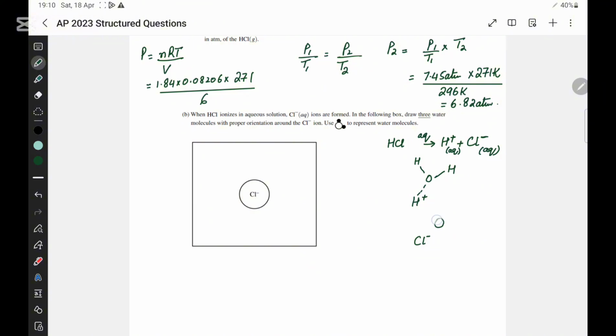So water is represented in this way. So we can write one orientation at this point. This is oxygen, this is hydrogen that is pointed towards chlorine, and we have another oxygen with hydrogen pointed like this. We have another oxygen with hydrogen pointed like this.